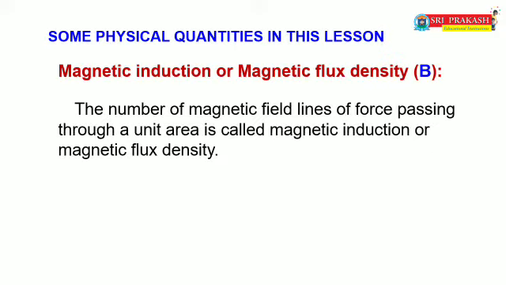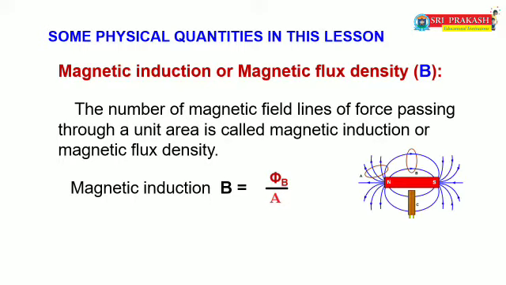Next one, magnetic induction or magnetic flux density. The number of magnetic lines of force passing through a unit area is called magnetic induction or magnetic flux density. Mathematically, magnetic induction is flux per area, the number of lines of force crossing through unit area. If you observe the diagram, consider a particular area.